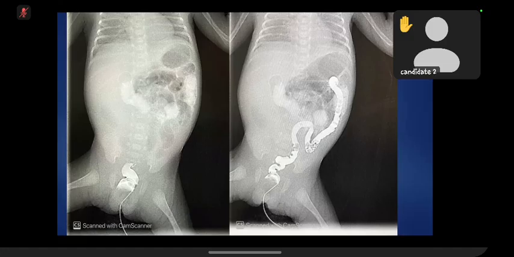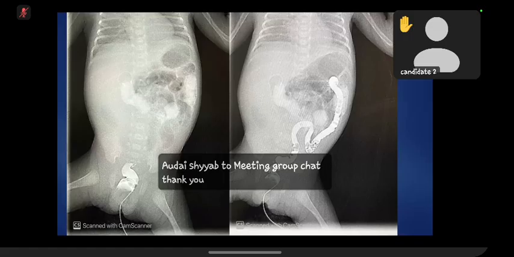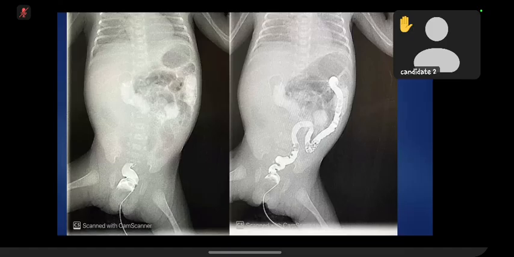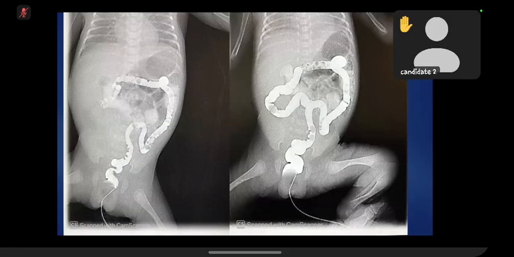This is a plain radiograph and a radiograph with contrast enema of an infant, showing a small featureless descending colon, smaller in caliber, with the haustra not so clear and no passage of the contrast to the transverse colon.